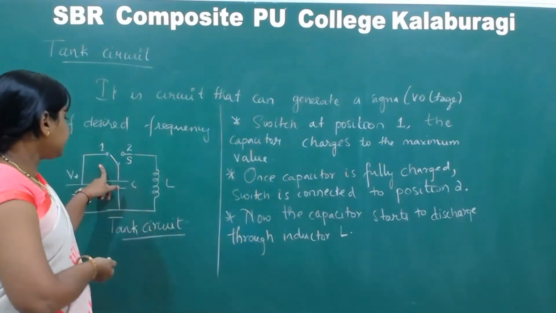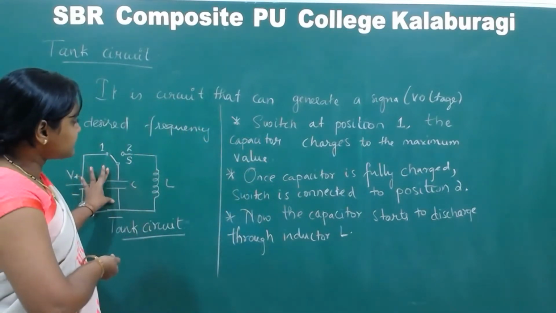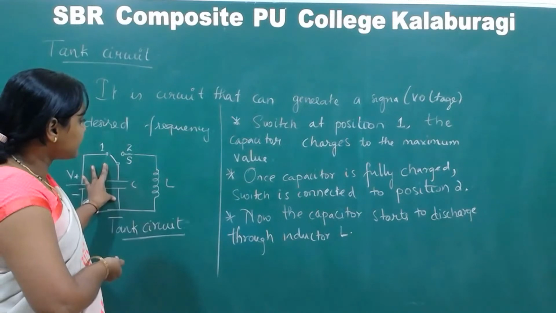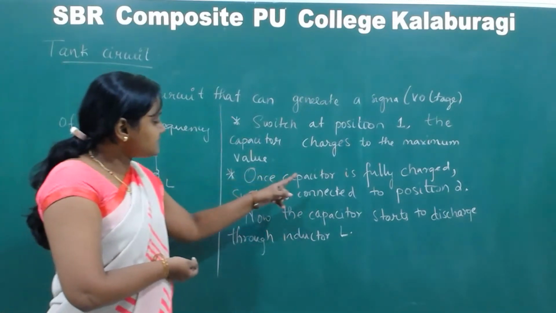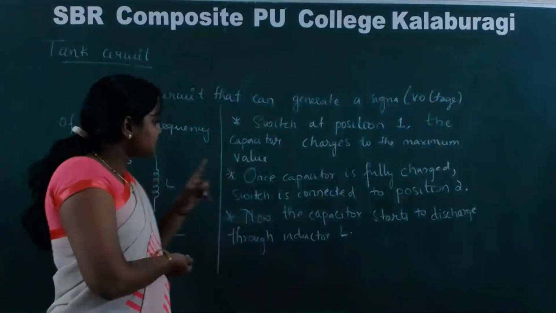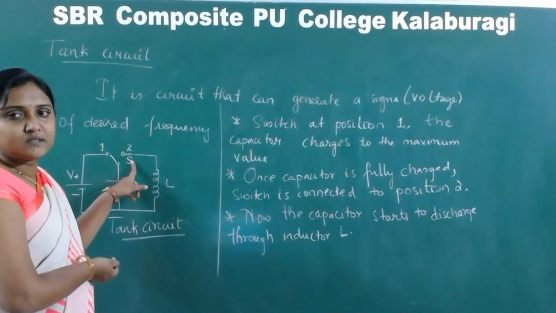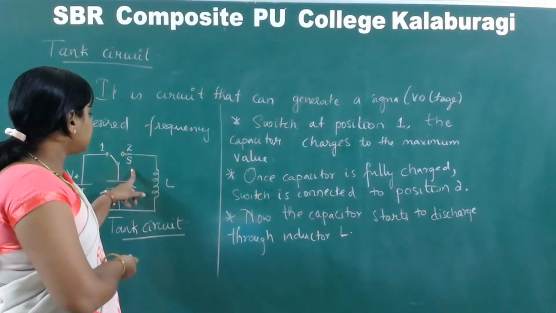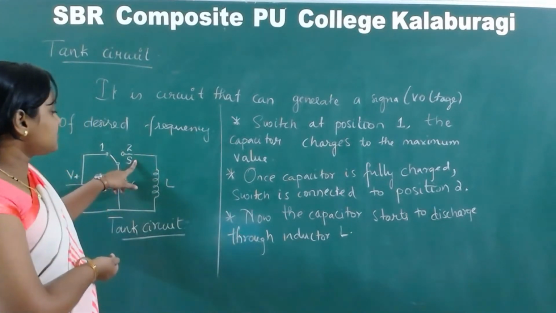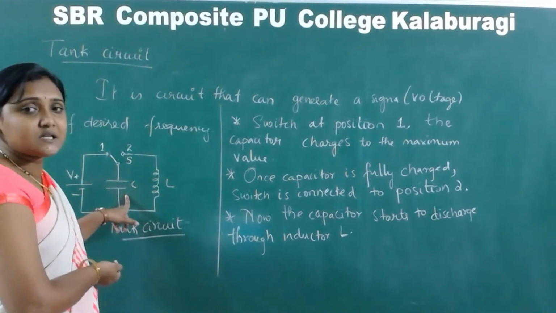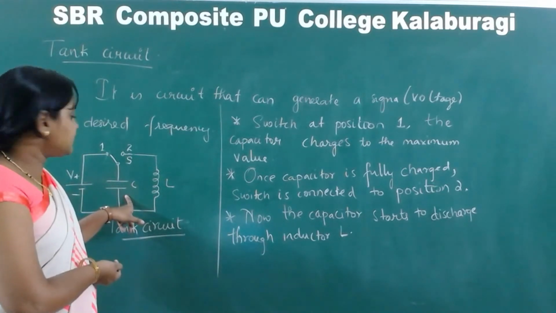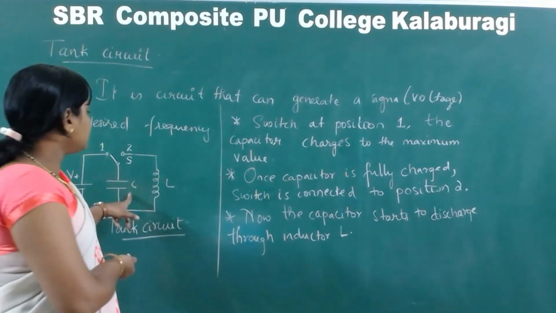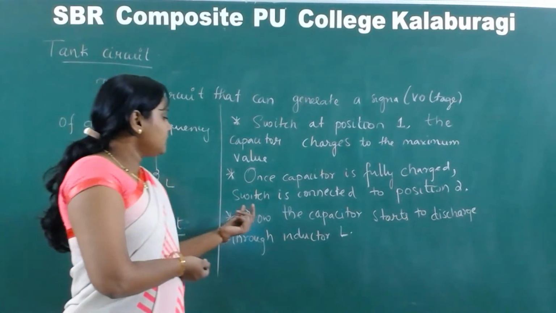When initially the switch is at 1, the capacitor charges. When the capacitor is charged to its maximum value, the switch is connected to position 2. Now the fully charged capacitor is going to discharge.